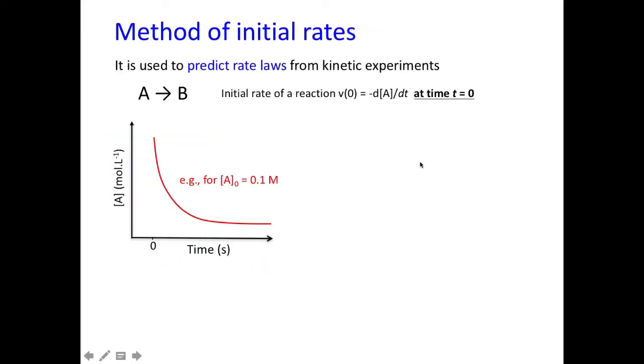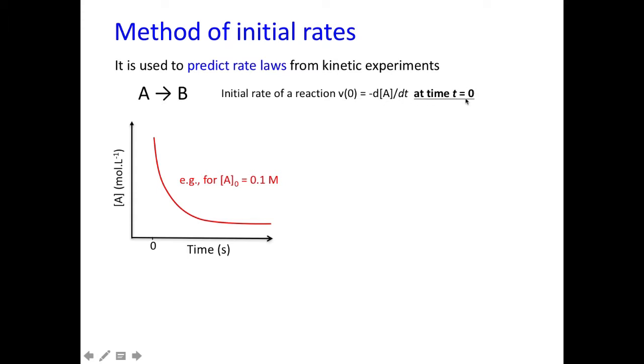Now let's introduce the method of initial rates. This is used to predict rate laws from kinetic experiments. So let's imagine a very simple reaction, A gives B, and the initial rate of this reaction I'm expressing as V0 at time 0, which is the instantaneous consumption rate of the reagent A at time t0.